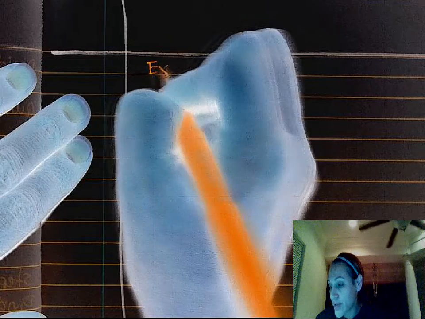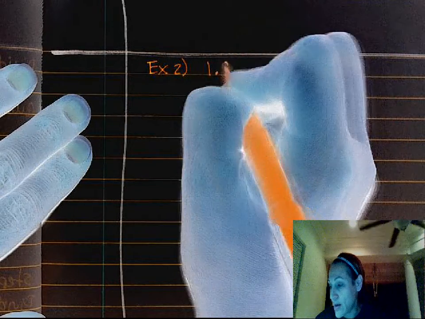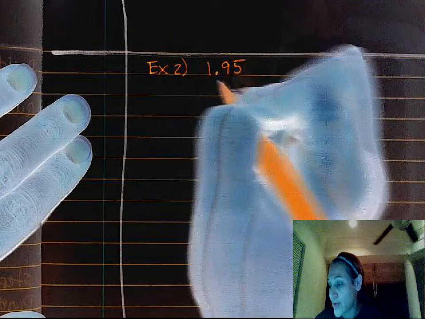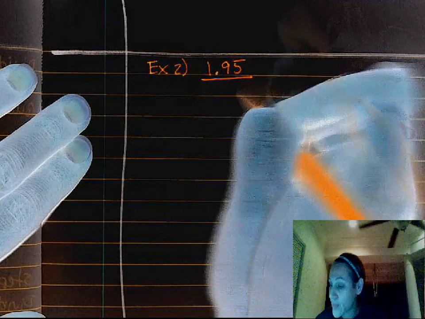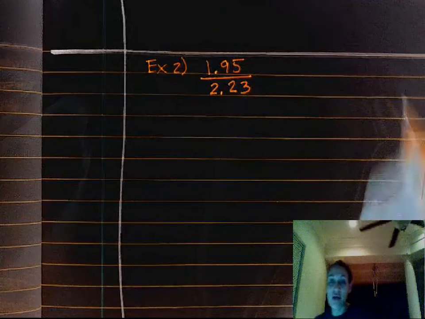Okay, so let's do example 2. 1 95/100 divided by 2 23/100.